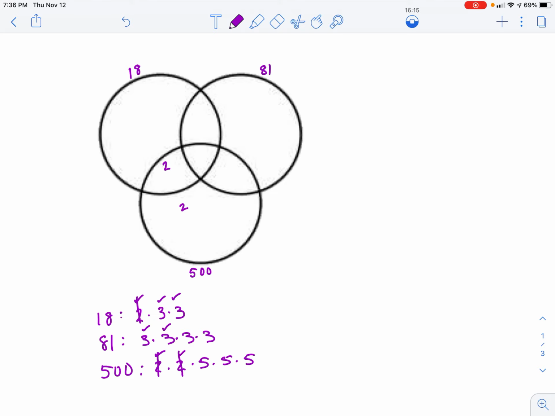So 18 and 81 share 2 3's. So where my circles overlap at 18 and 81, I'm going to put 2 3's in there. And then I'm going to cross those off because they're used. 81 still has 2 more 3's that I need to put in just the 81 circle. And then, of course, I see 3 5's over here that are only in the 500 circle.